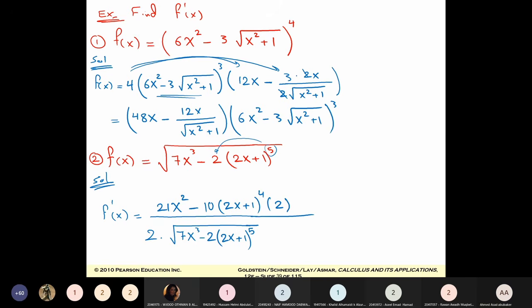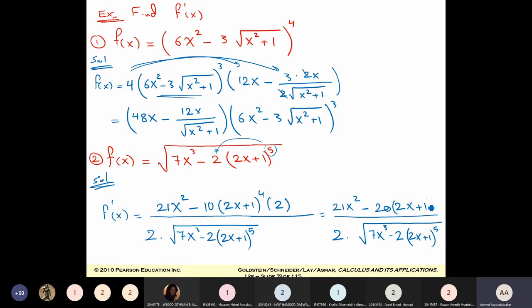Okay, so this is equal to multiply radical 7x to the power 3 minus 2, 2x plus 1, all to the power 5, and in the numerator we have 21x squared minus 20 multiplied by 2x plus 1, all to the power 4. Okay, any question?